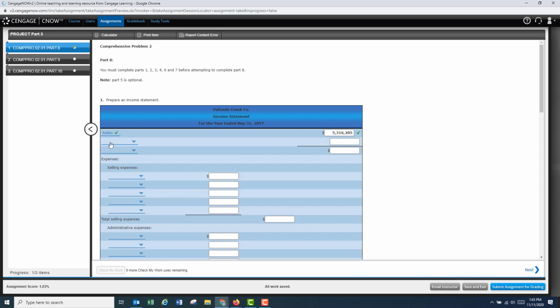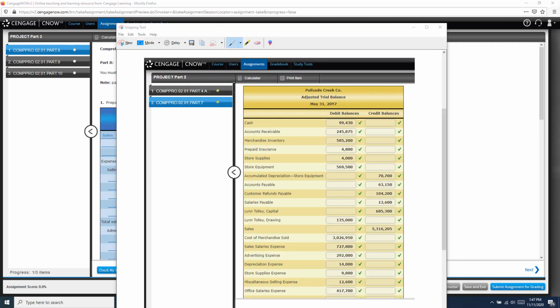Is there another revenue? Let's see. Sales. I don't see any other revenue account in project part 2, the adjusted trial balance. Look in your book, page 300, for reference to the income statement.